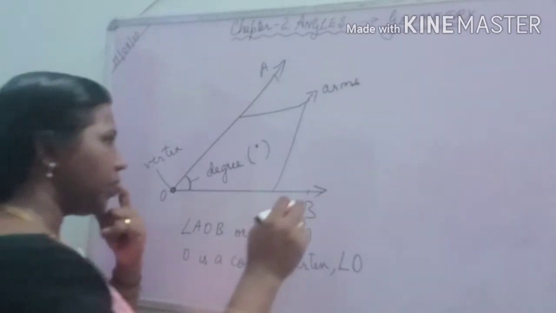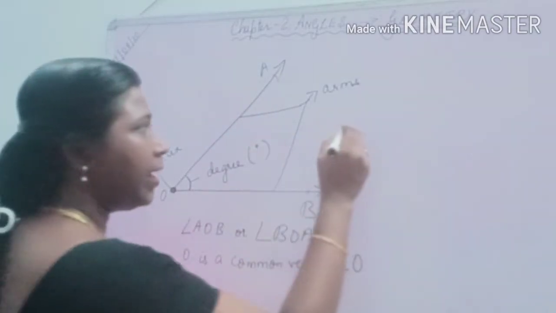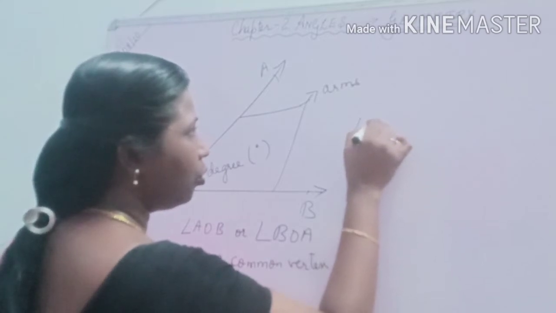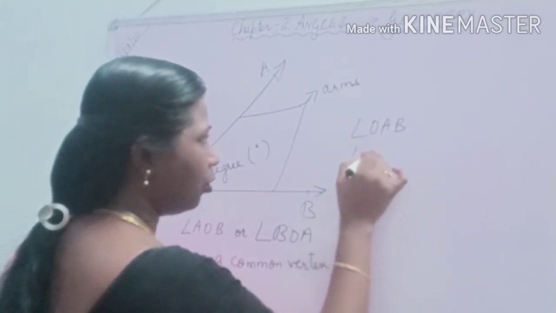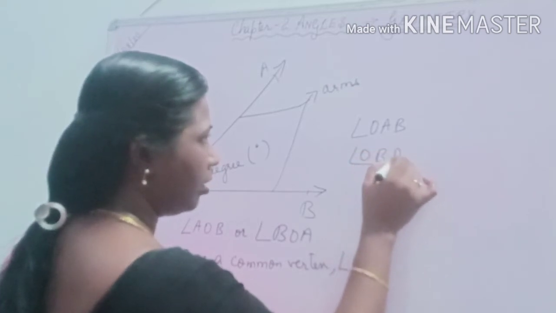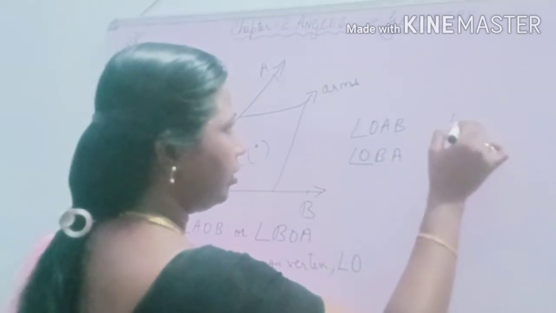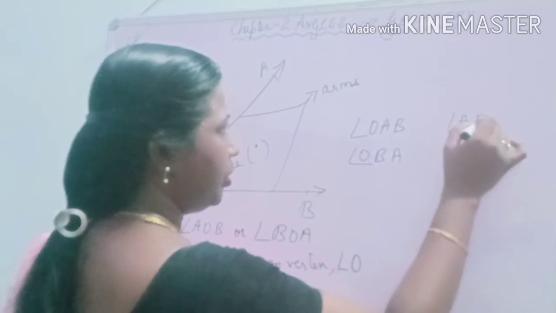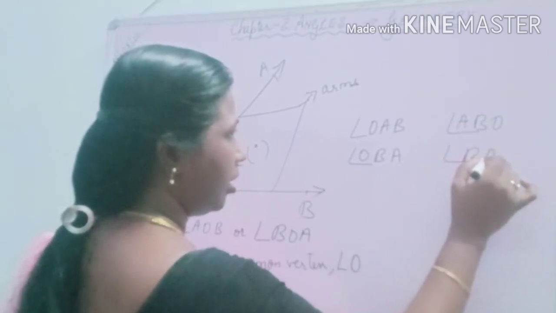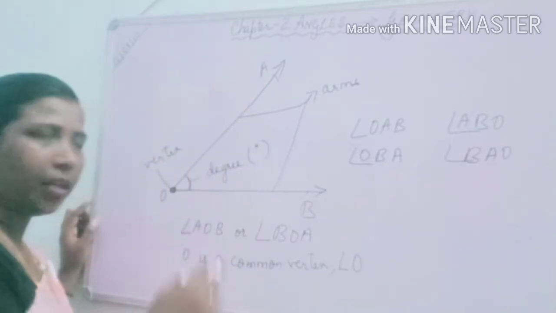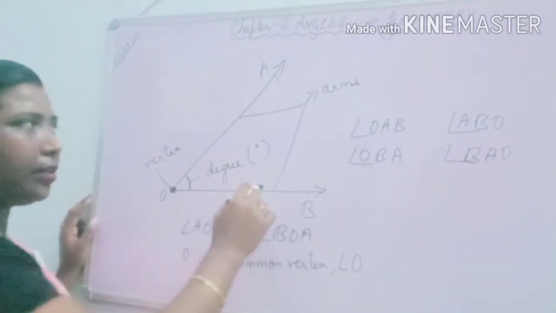Now if I write this same angle as angle OAB, or angle OBA, or ABO, or BAO, is it correct?